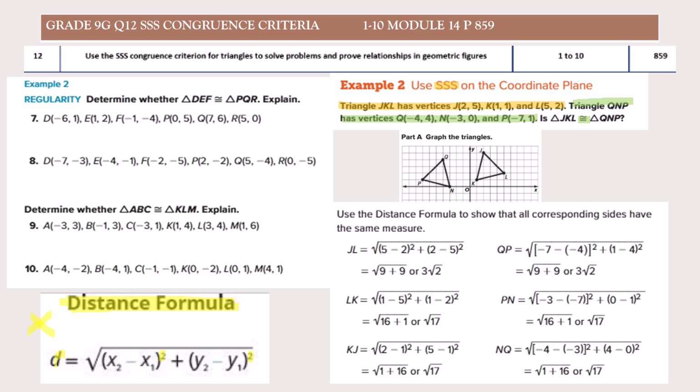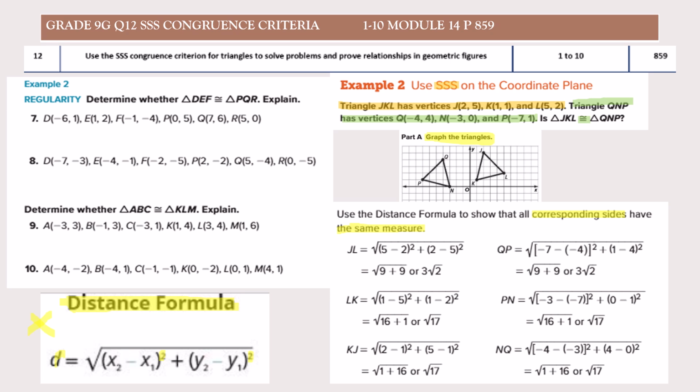If you want, you can graph the triangles. And then use the formula to show that corresponding sides have the same measure. If they have the same measure, then we can conclude that they are congruent. If the measures are not the same, then it is not congruent, right?